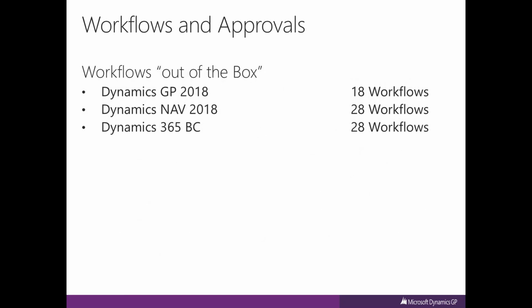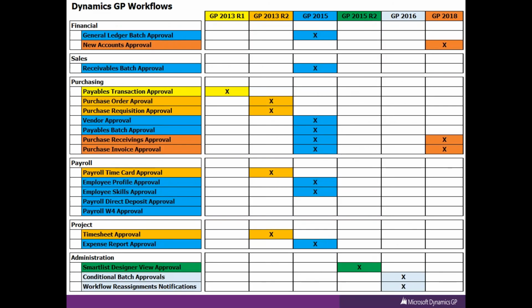For our different ERP systems in the GP world, there are 18 workflows available out of the box. This little chart will illustrate under what module groups in the left-hand column, so under finance or sales or purchasing, what different processes or transaction types are included.